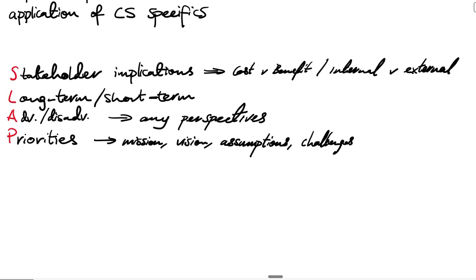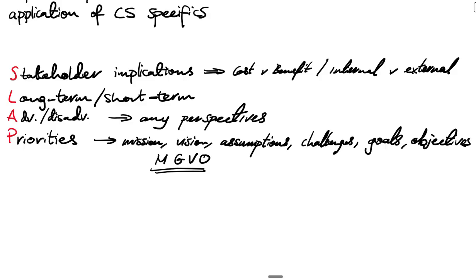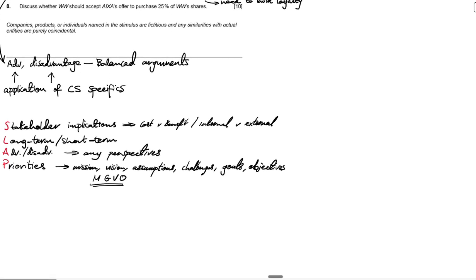Now, even for priorities, we can include goals, strategies, objectives, right? So think of this as MGVO, mission, goals, vision, and objectives, right? MGVO. So this is our 10 marker.